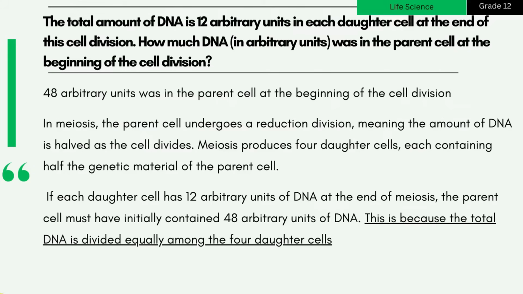Meiosis produces 4 daughter cells, each containing half the genetic material of the parent cell. If each daughter cell has 12 arbitrary units of DNA at the end of meiosis, the parent cell must have initially contained 48 arbitrary units of DNA. This is because the total DNA is divided equally among the 4 daughter cells.